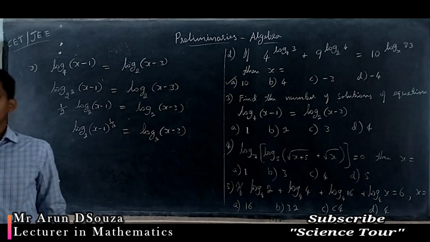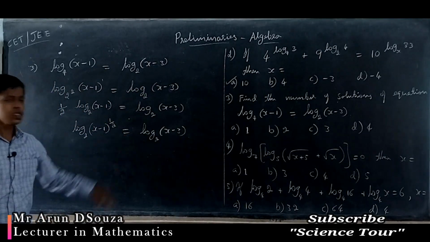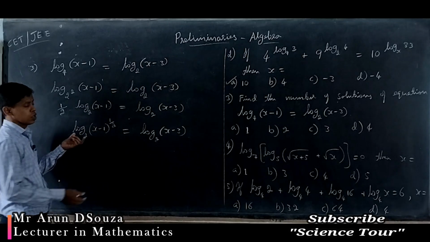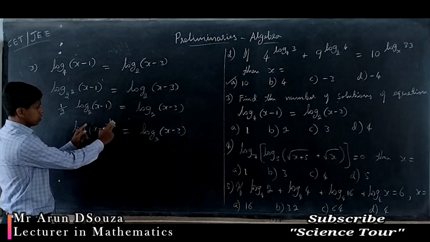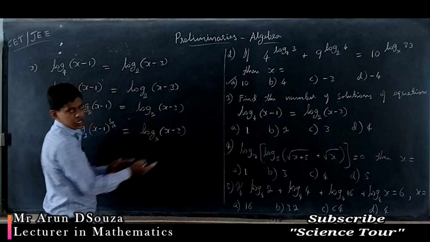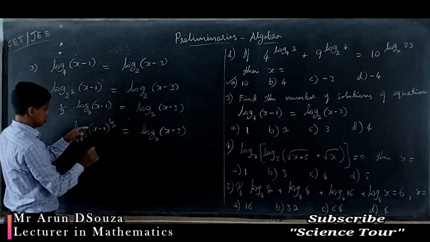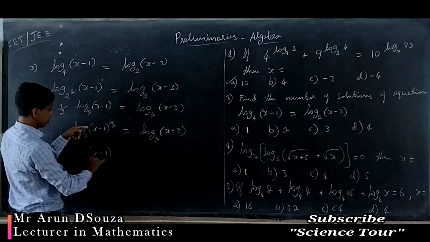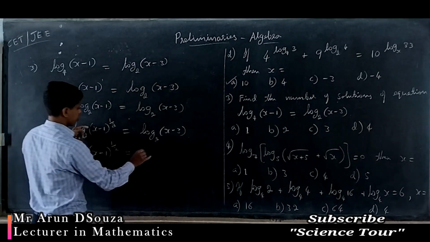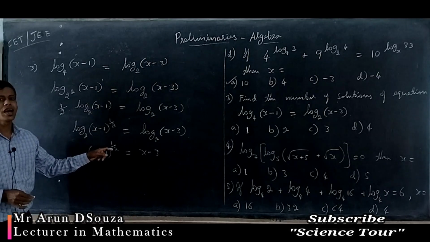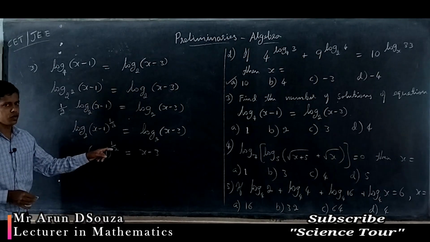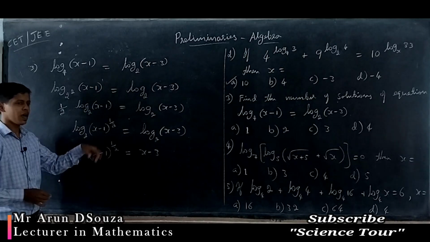Now what do you see? You have log to the base 2 here and log to the base 2 there. So if the values of the log are equal, then these quantities also must be equal, right? Yes. So these quantities are equal. Now this is a square root, this is the power half. So what I'll do, I'll square both sides.